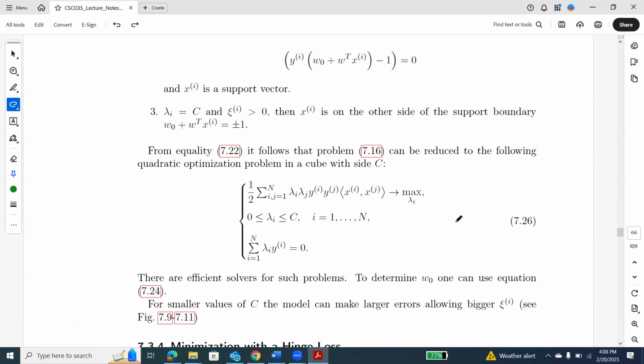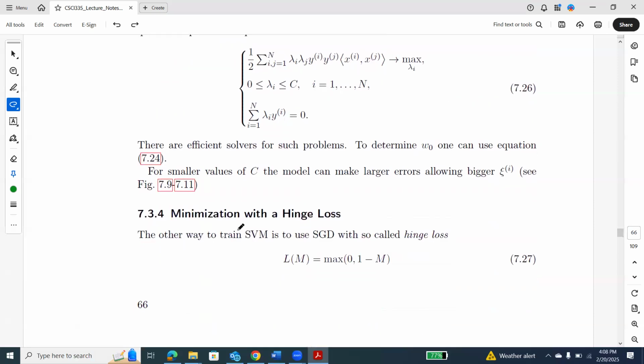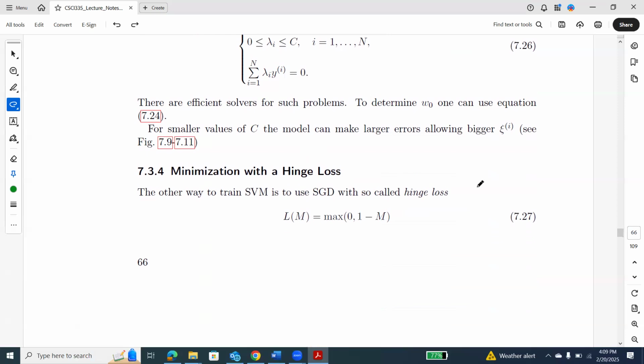Okay, so this is the exact solution of this problem. In practice, we a little bit cheat. In practice, we introduce the notion of so-called hinge loss.